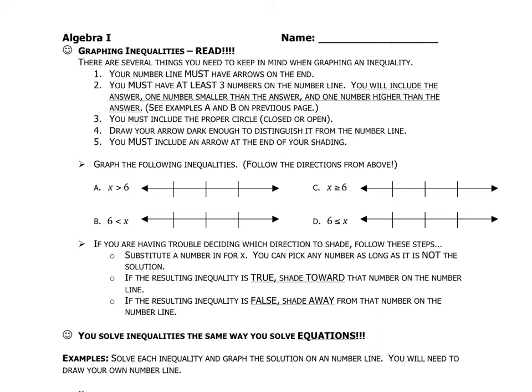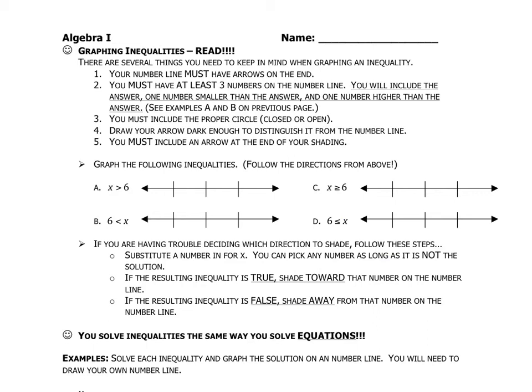One, your number line must have arrows on the end. Okay, you got to have an arrow. When you shade in your line, you got to have an arrow on the end. Two, you must have at least 3 numbers in the number line. Okay, with these number lines, it's real easy.